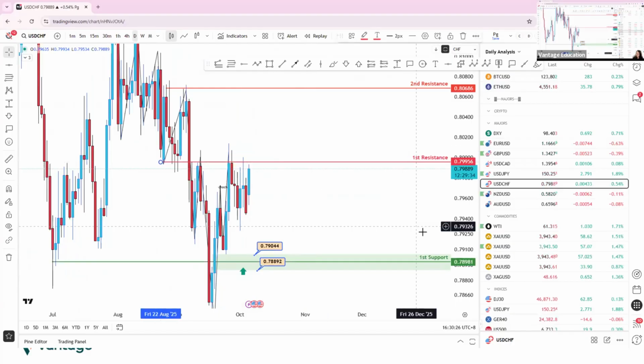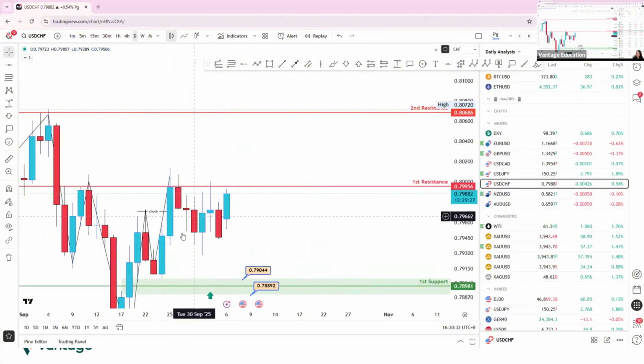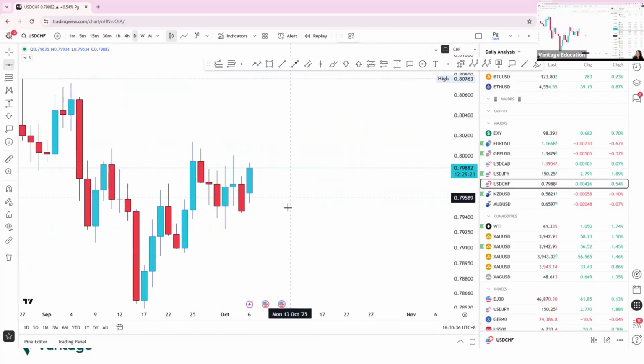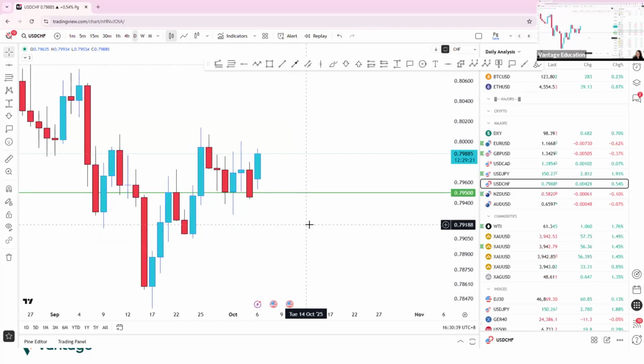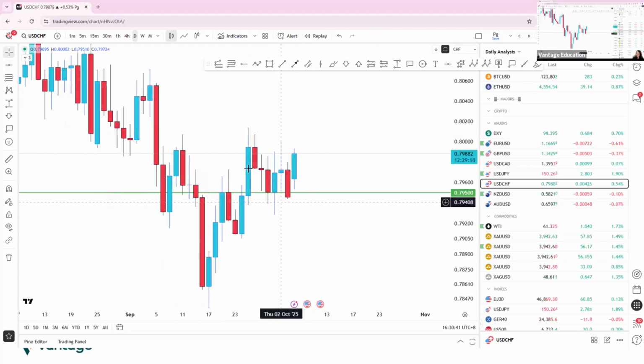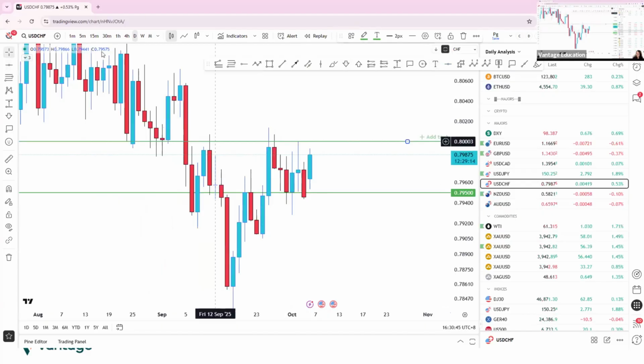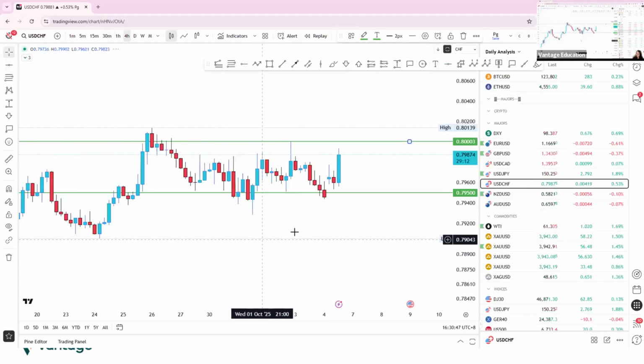Ideally did not close above the resistance level, and it made the change of character here. To me, they have made a pullback somewhere around this level. I would say sideways currently.